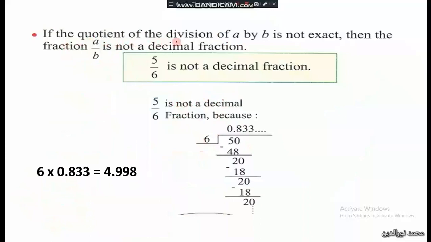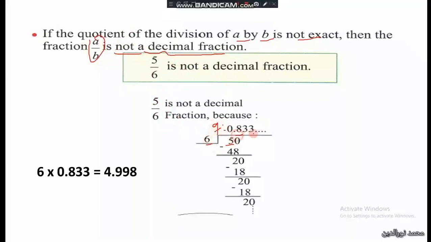If the quotient of the division of A by B is not exact, then the fraction is not a decimal fraction. So in this case, if the quotient is not exact, we say it is not a decimal fraction. For example, 5 divided by 6: here we have the quotient, and the quotient is not exact.